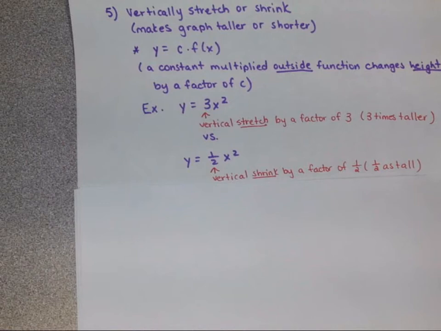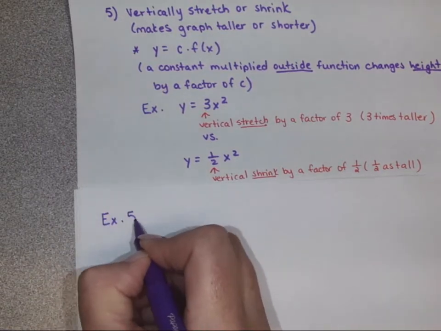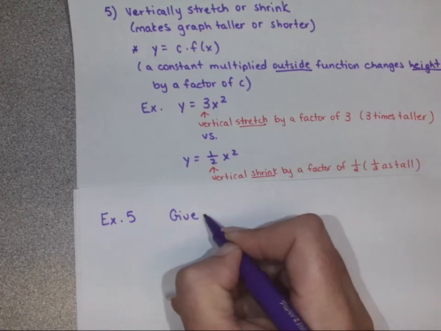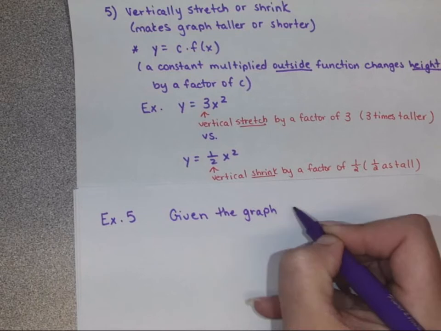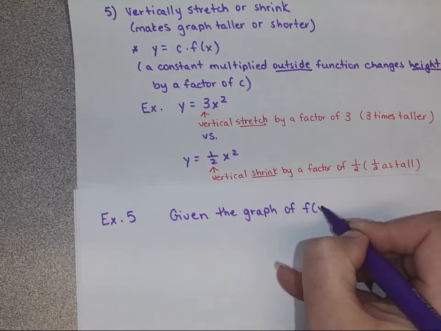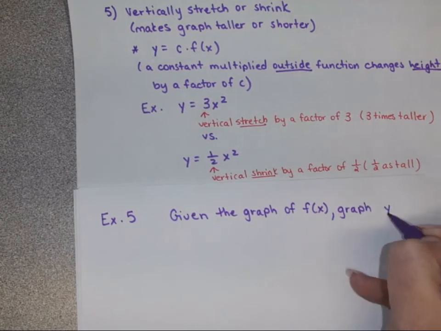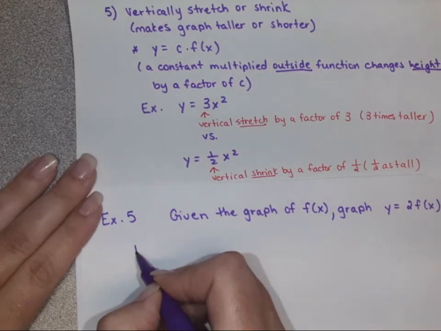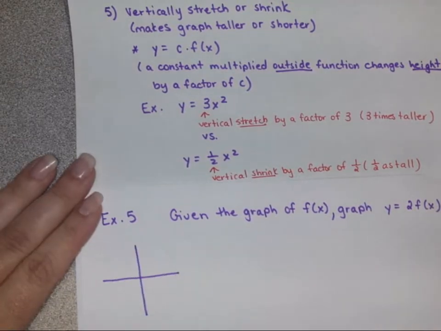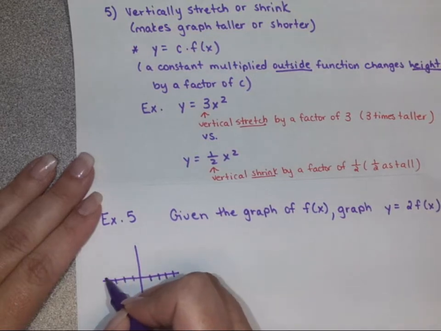Okay, so let's practice one because I want to make sure we can actually do this. So let's do another one where you wouldn't really be able to use your calculator. But let's say, given the graph of f of x, I want you to graph y equals 2 times f of x. Okay, so let's stick with a real simple triangle.